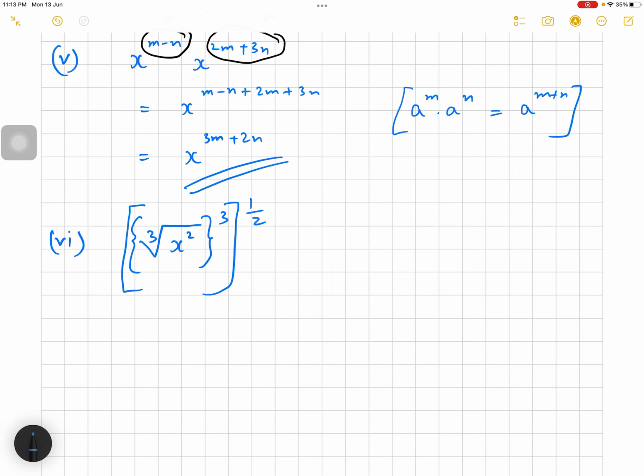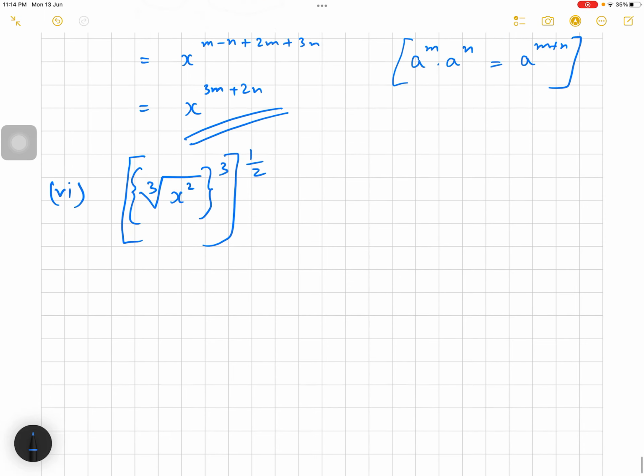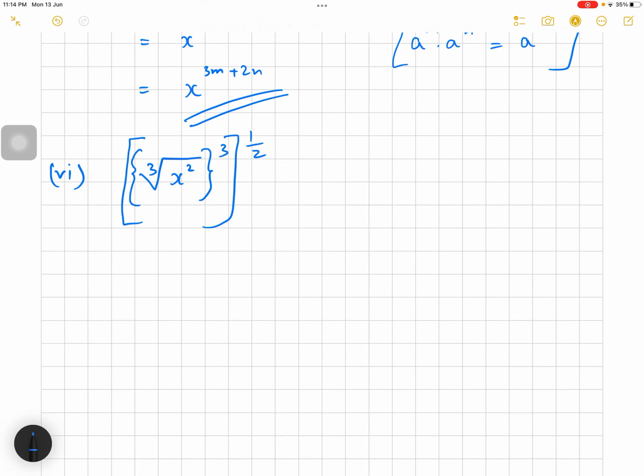Okay, this is the question given. Cube root of x square, the whole cube, the whole raised to 1 by 2. Okay, so let's do this. Now cube root of x square can be written as x raised to 3 by 2. Correct? And then remaining I'll write as it is.